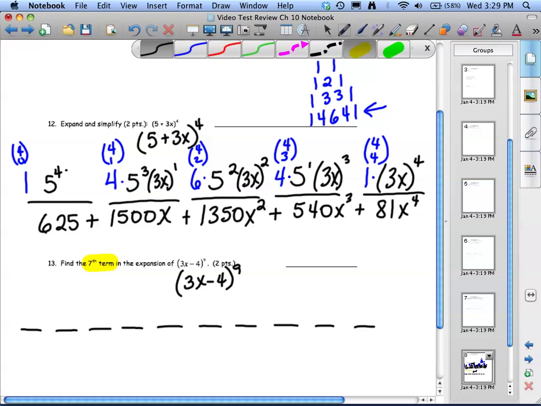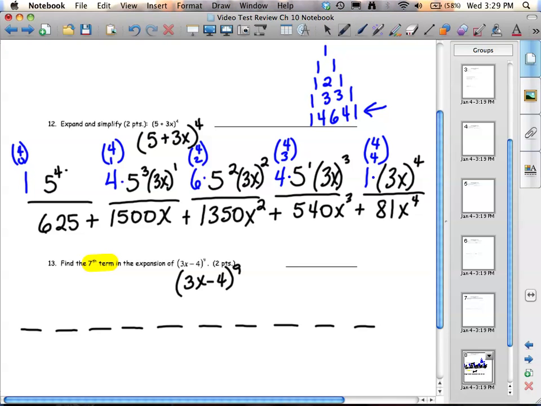And I know it's asking me for the 7th term, so that's this one. I know that I'm going to have a 3x raised to a power, and I'm going to have negative 4 raised to a power, and I'm going to have 9 choose some number.